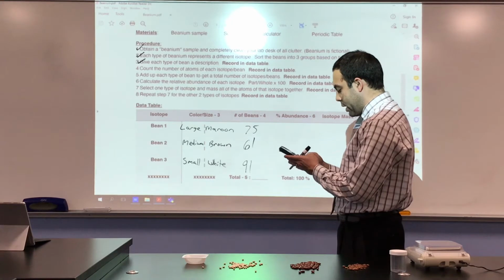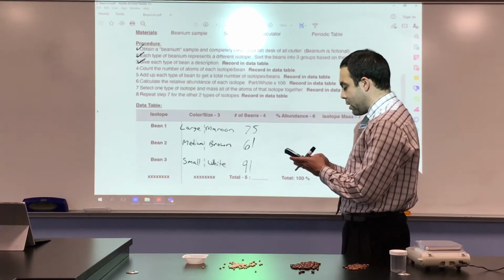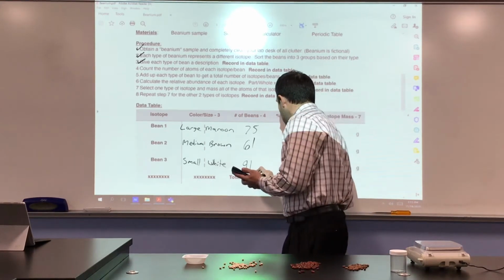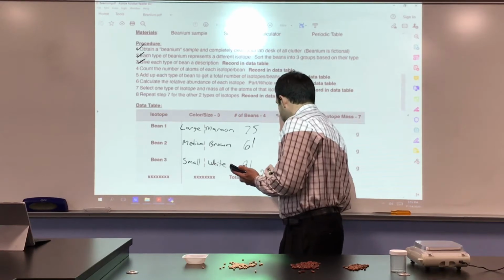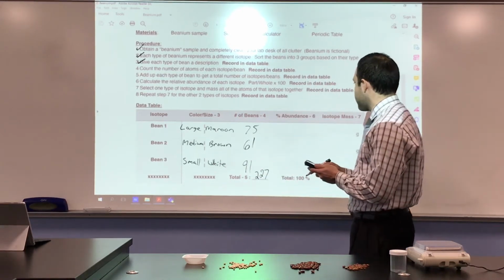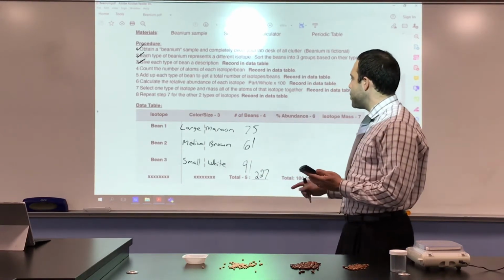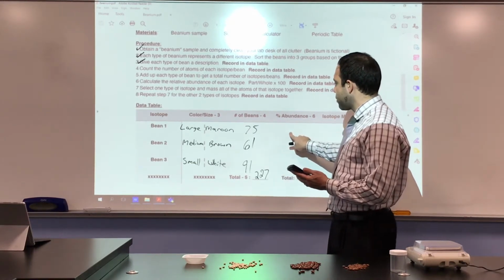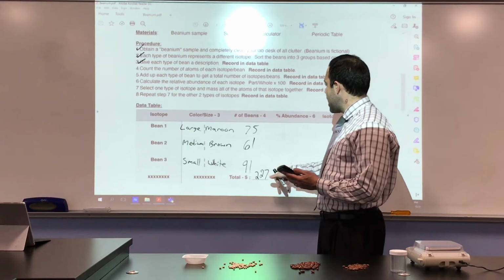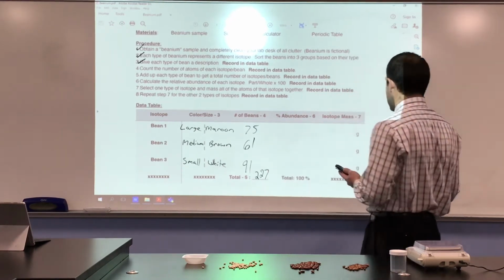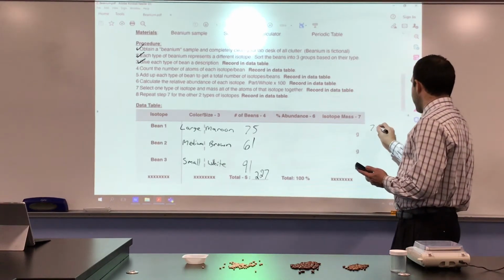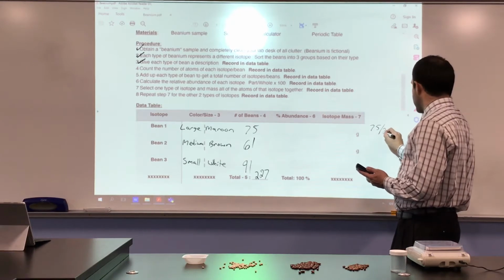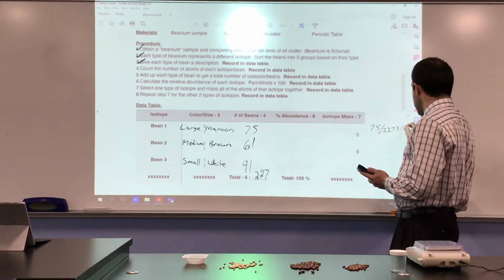So total number of beans, 75 plus 61 plus 91. That gives us a total of 227 beans. So relative abundance, we're going to do part over whole times 100. So we'll do 75 divided by 227 times 100.